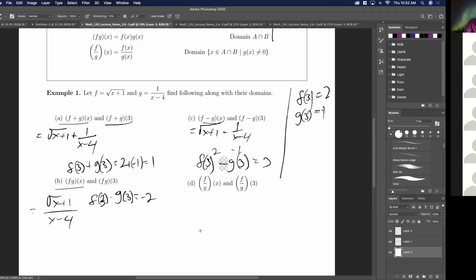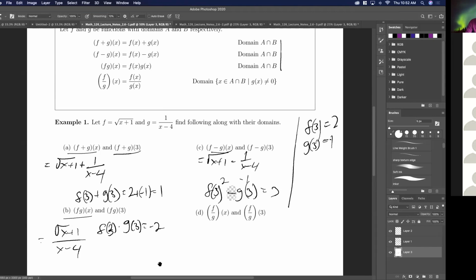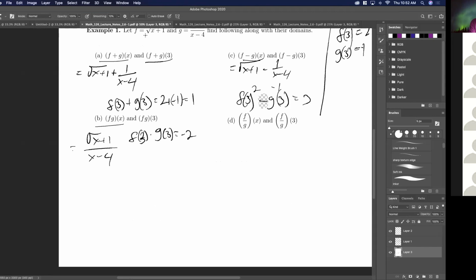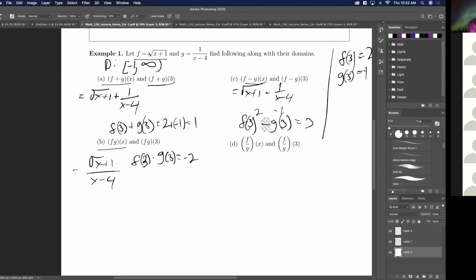And the domain for all of these would be the same, right? Because it's just the intersection. So the domain of f, let me just put in domain here. The domain here is x has to be greater than or equal to negative 1. And the reason is that I need this to be positive, or 0 or higher.